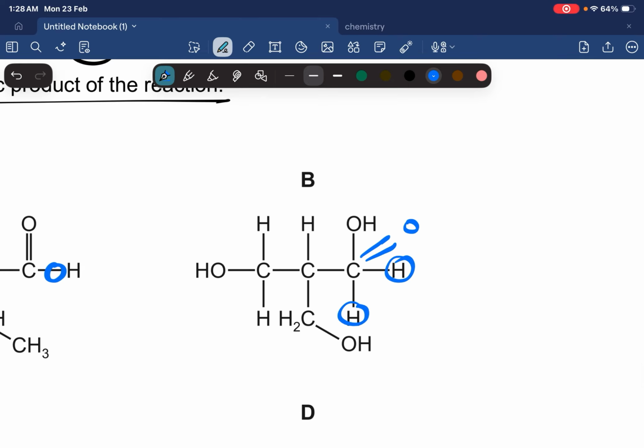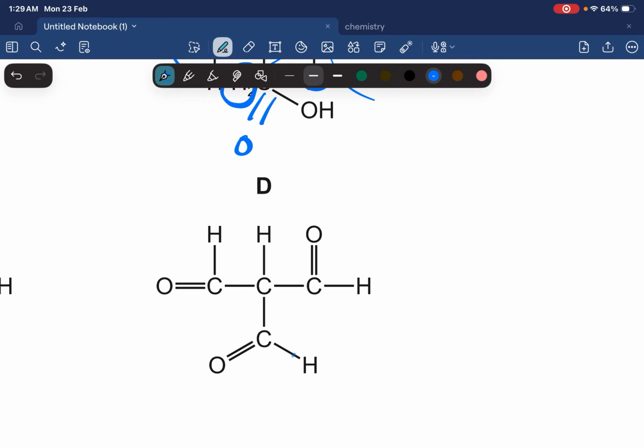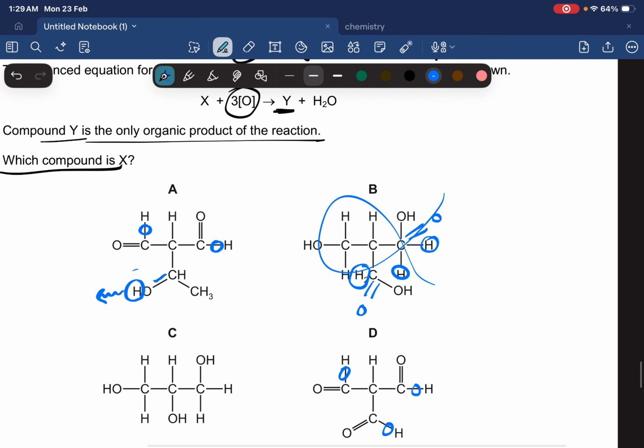And then over here as well, if I oxidize this carbon, I'm going to form 2 H's again. That's going to be a lot of H's. I can only form 1 water. Not possible. If I oxidize this, I'm going to form OH, OH, and OH. But you have to realize I have to have 1 water formed as well. Over here, I don't have any water being formed, right?